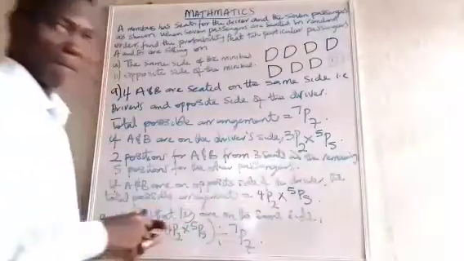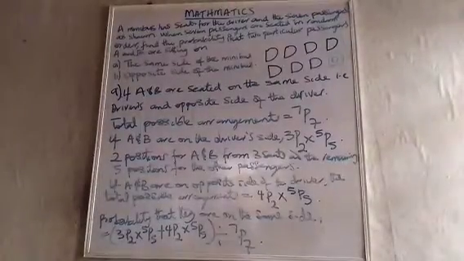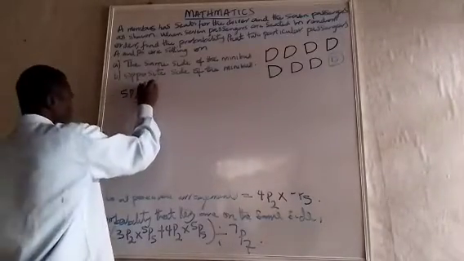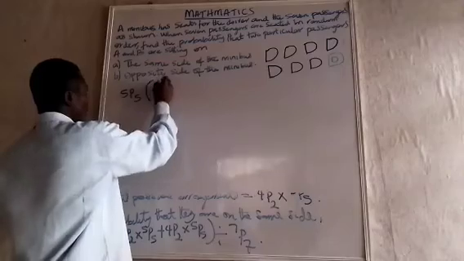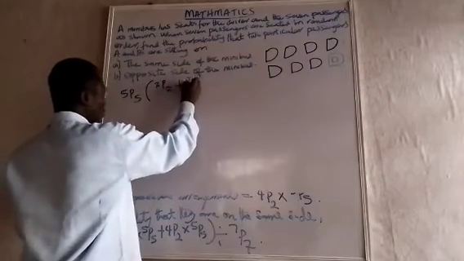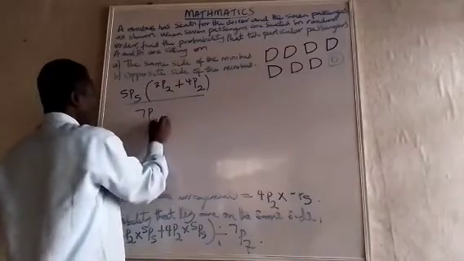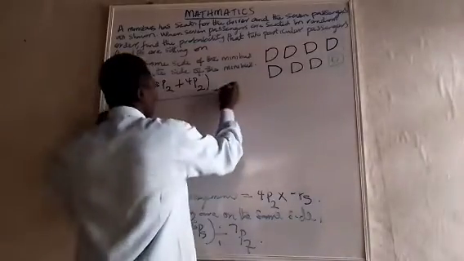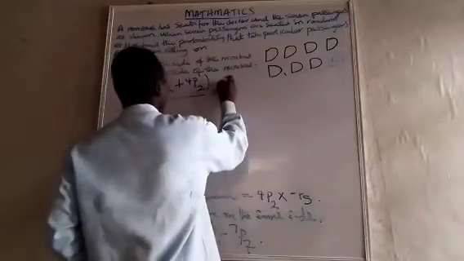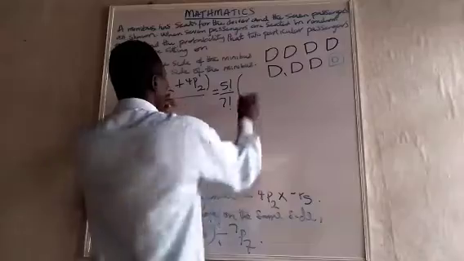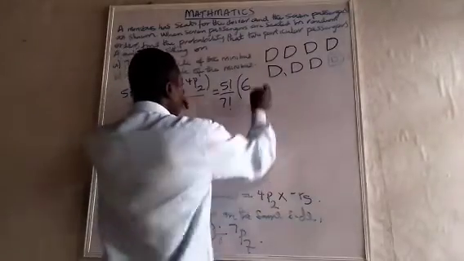Let's see what that would be like. So we are going to have 5P5 times (3P2 plus 4P2) divided by 7P7. And you know this one is going to be 5 factorial over 7 factorial, times (3P2 is 6 and 4P2 is 12).